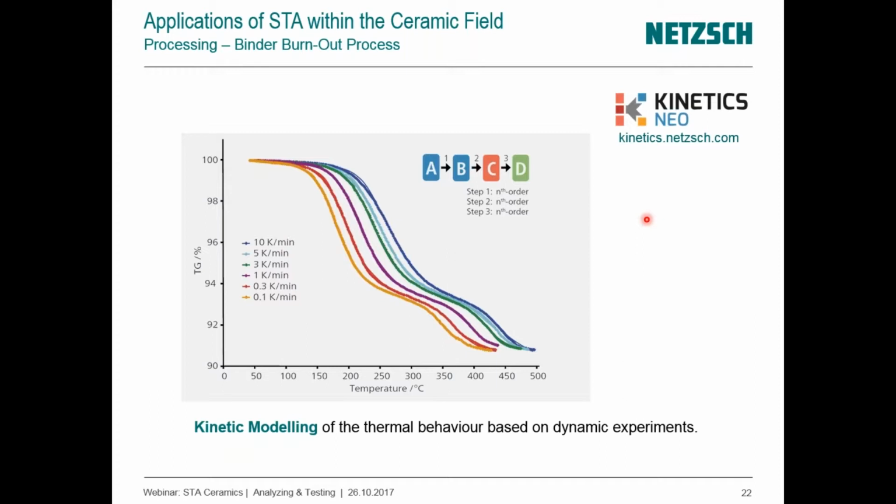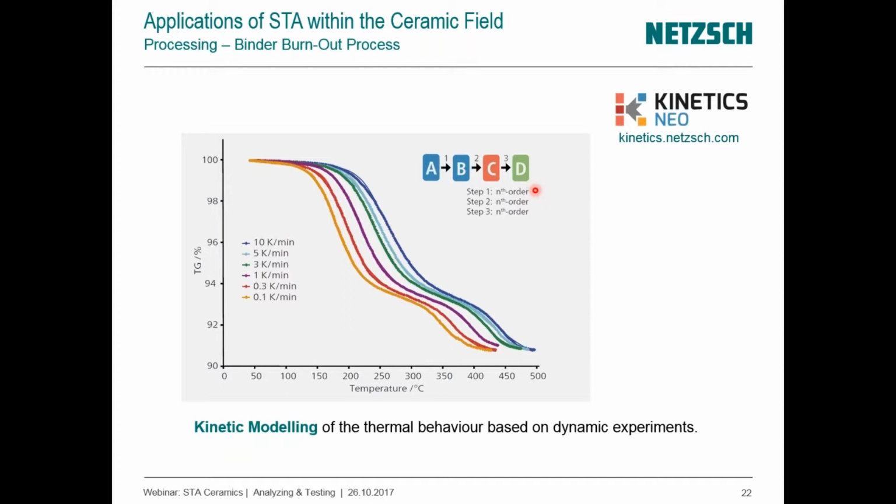And therefore, even complex decomposition reactions or even oxidation reactions, not only decomposition, can be analyzed or can be tried to be modeled with the help of this Kinetic software, with this Kinetic modeling. And then if the modeling fits, you can use it for prediction.